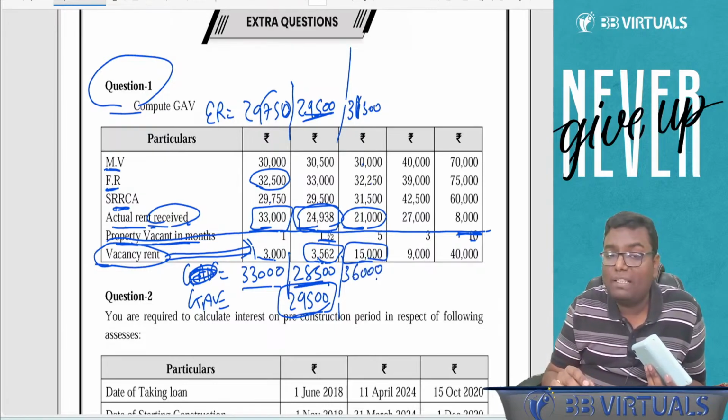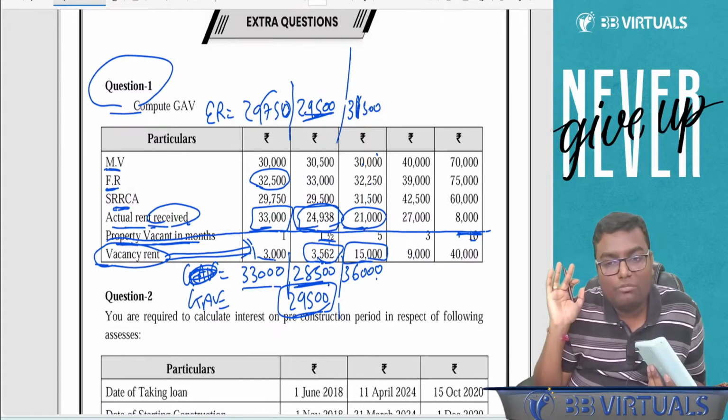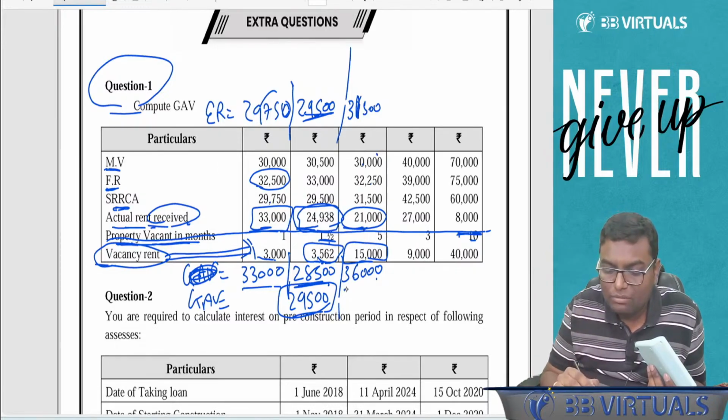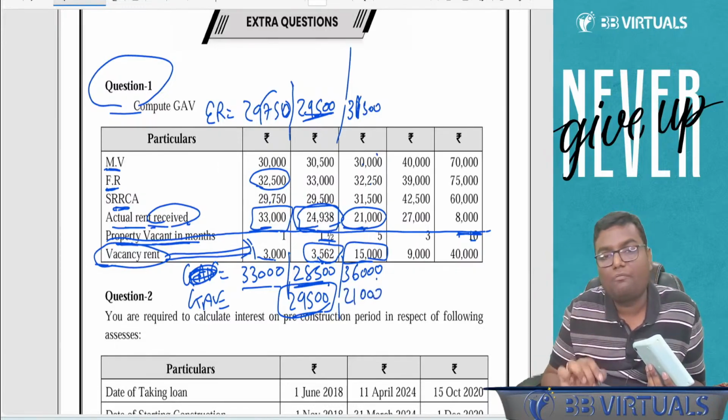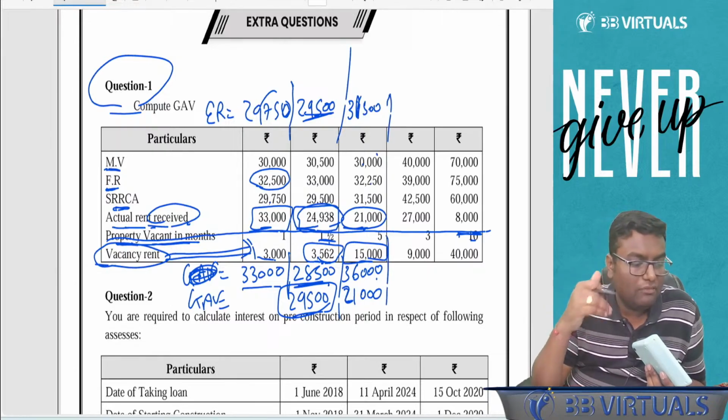This was more than expected rent. But today this is less than expected rent. Why did this happen? Because of vacancy. Government is ready to give me the concession. Here GAV will be actual rent, that will be 21,000. I hope you are understanding all three scenarios. We have done so many examples on this. Now calculate this fourth one and tell me the final answer.